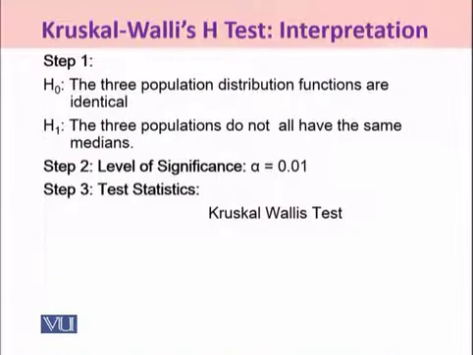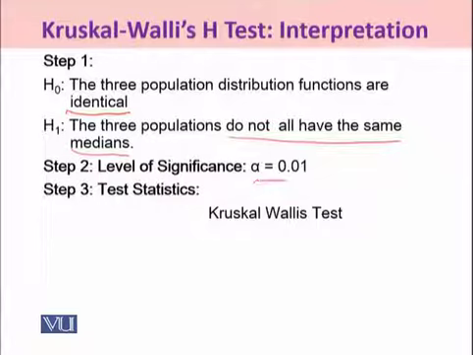As far as the formulation of null and alternative hypotheses is concerned, under H0 we are considering that the 3 population distribution functions are identical. Whereas under the alternative hypothesis, we are considering that the 3 populations do not all have the same medians.